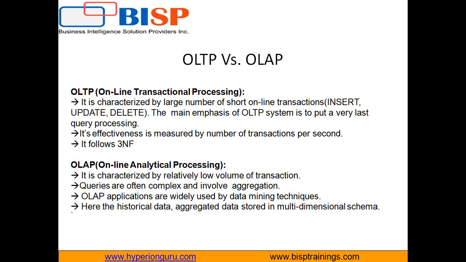If you want to know how many products are sold for a specific region, or how many products are purchased by a specific customer, then you can't check that in an OLTP system, but all that information is stored in an OLAP system.